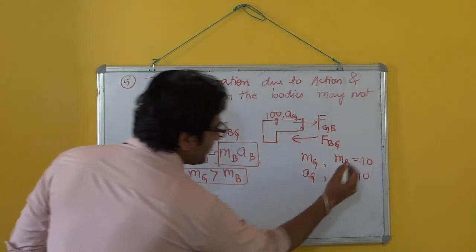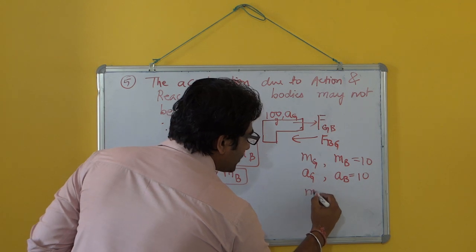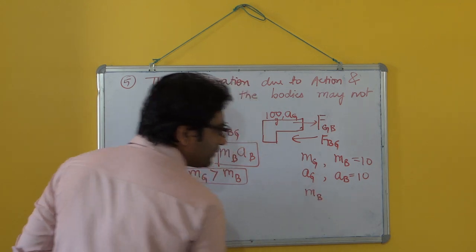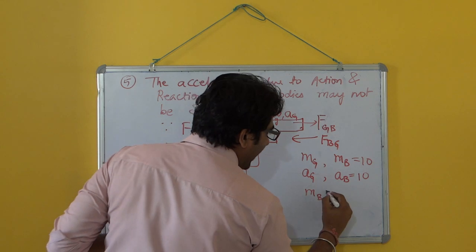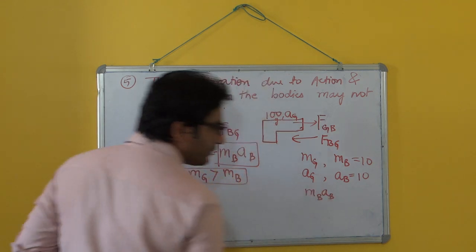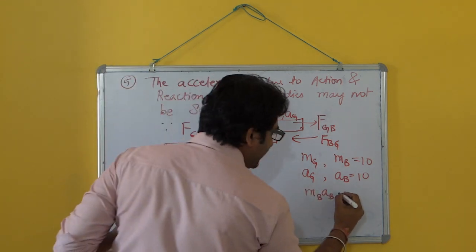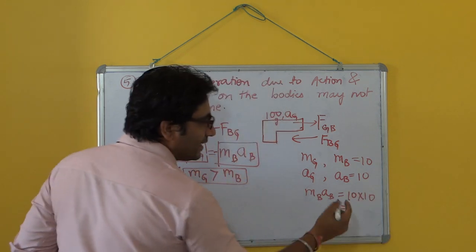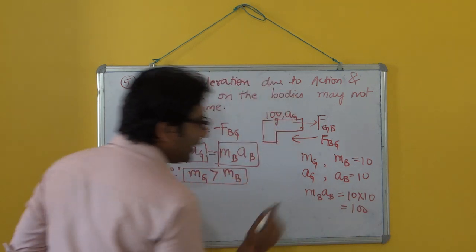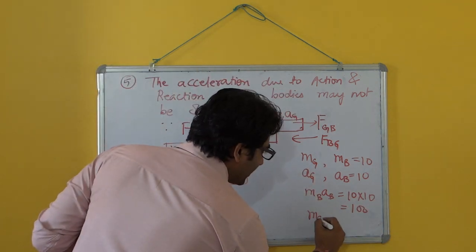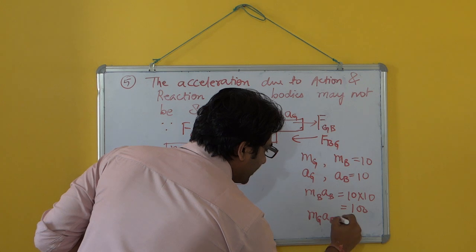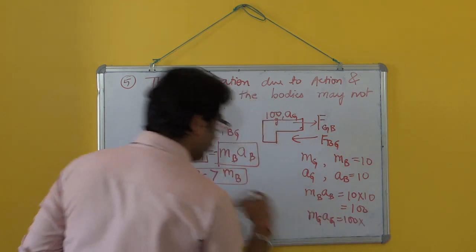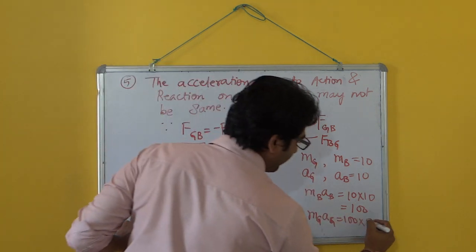So in that case, what will be the mass into acceleration of the bullet? Mass of bullet into acceleration of the bullet is nothing but 10 multiplied by 10, that is 100. But mass of the gun into acceleration of the gun is equal to 100 into acceleration of gun.